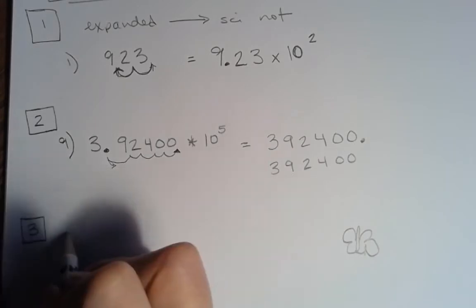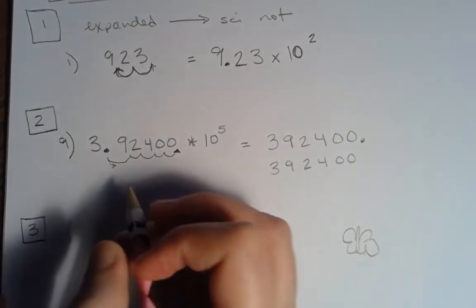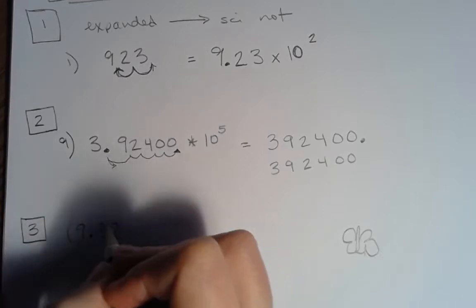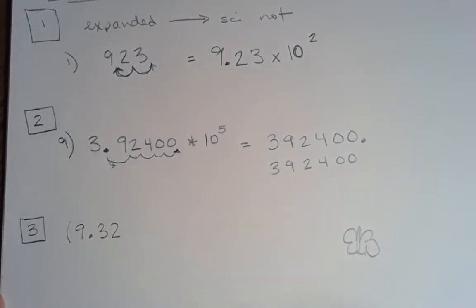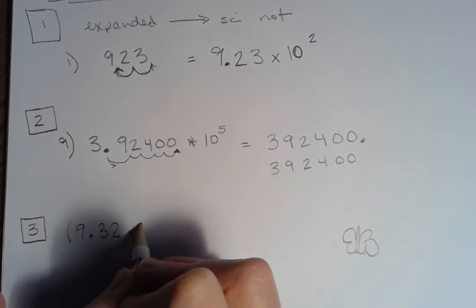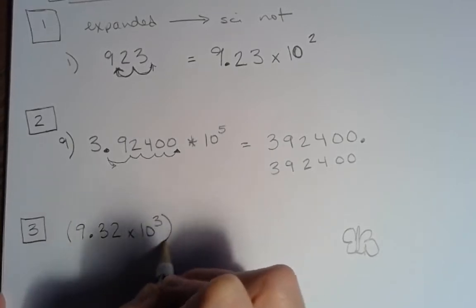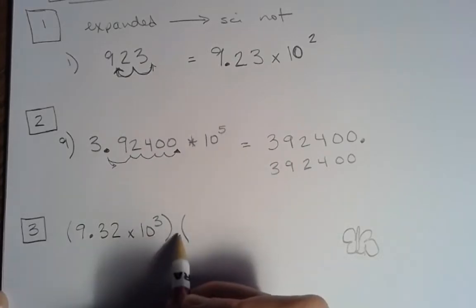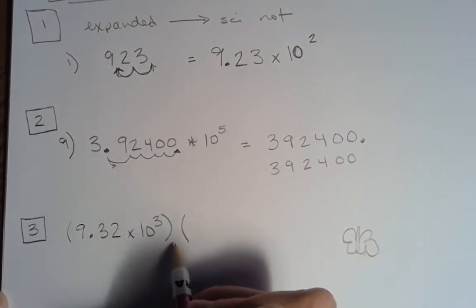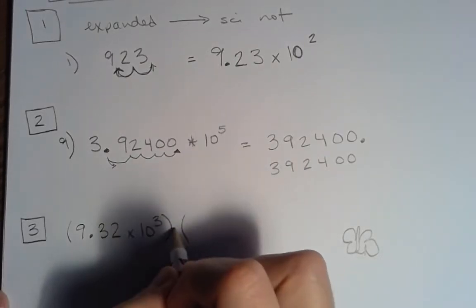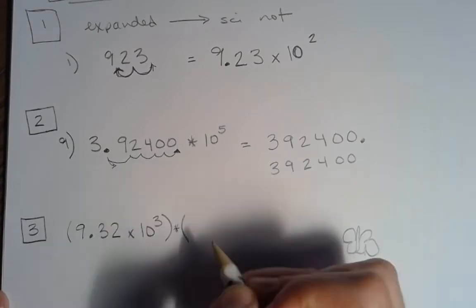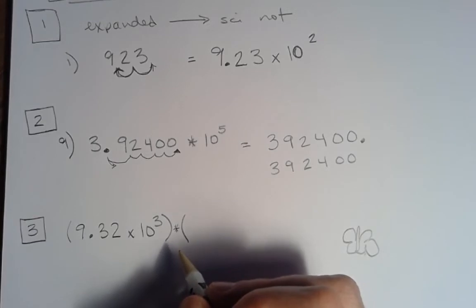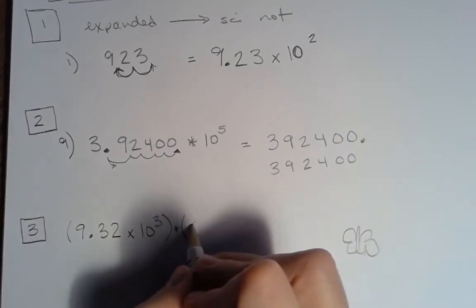Sorry. This one says, these are multiplication and division, so we've got 9.32, I've never noticed that that's almost the same number, times 10 to the 3. Okay, here's something that sometimes trips people up. You see that these 2 parentheses are next to each other? That means multiply. If you'd like, you can write in a multiply sign, but every time those 2 parentheses are next to each other, it means multiply.